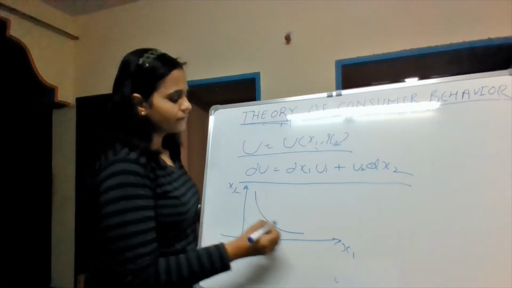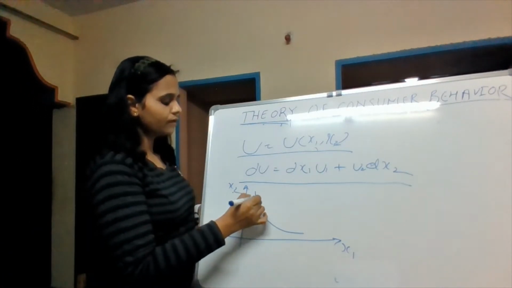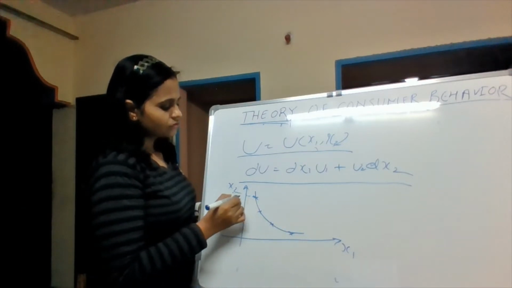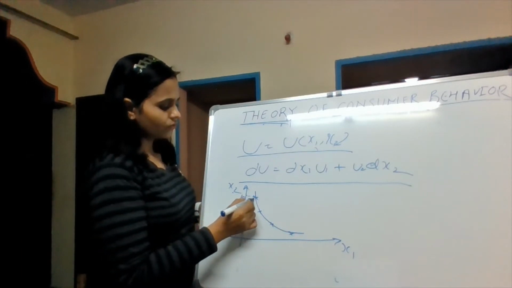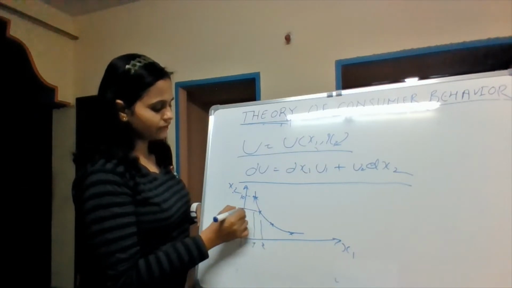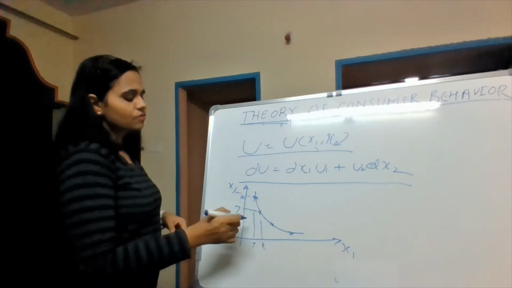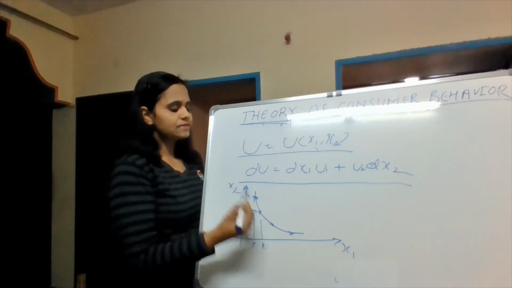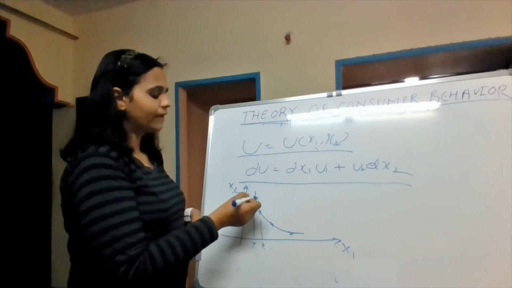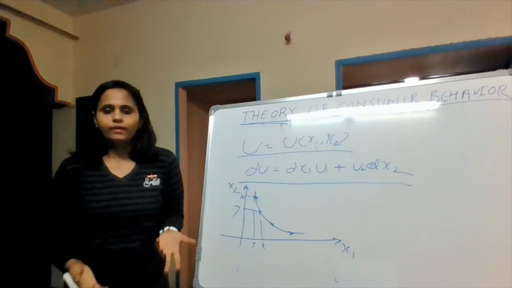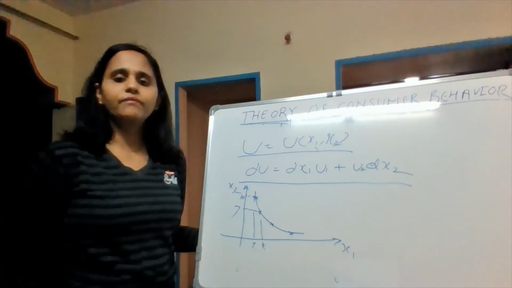On the indifference curve, a consumer could choose any point. Consider this is 10 of good x2 and 1 of good x1. This is 2 of good x1 and 7 of good x2. These are different bundles on this curve, but since it's an indifference curve, any bundle the consumer chooses gives the same utility. That is your indifference curve.